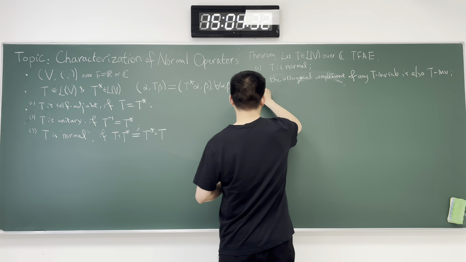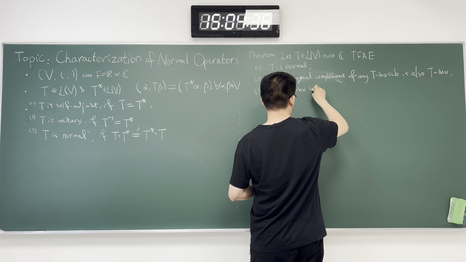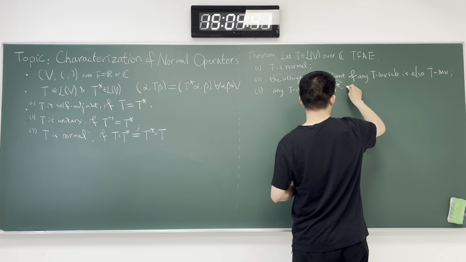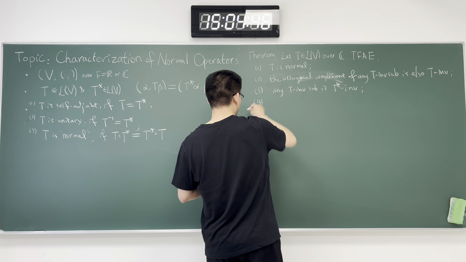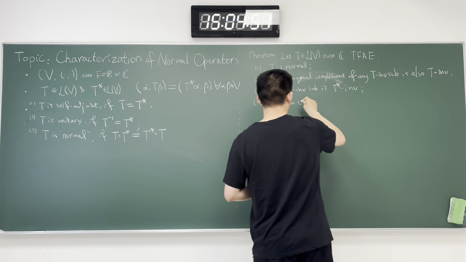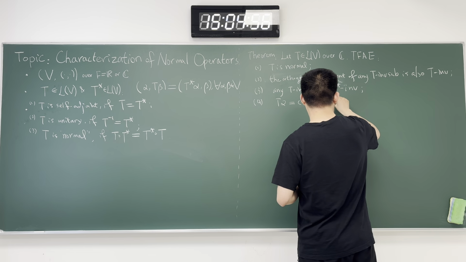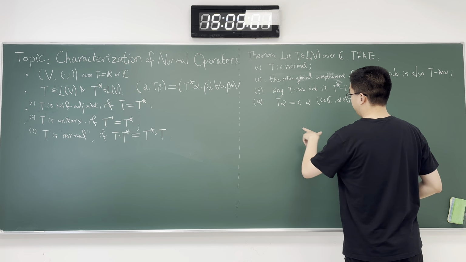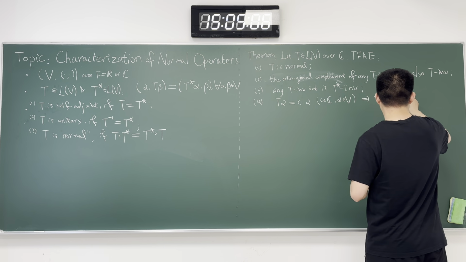The third one, any T invariant subspace is also invariant under T star, which is its adjoint. Fourth, if T admits an eigenvector, say alpha, belonging to the eigenvalue c, then it is also an eigenvector of T star with the eigenvalue the conjugate of c.